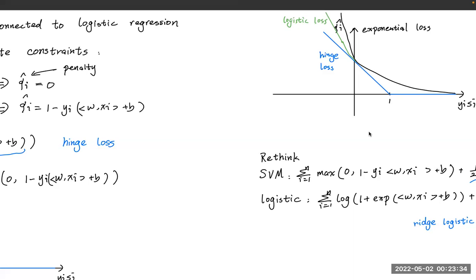And SVM with its hinge loss is also an approximation or modification of logistic regression. Although this hinge loss is rather foreign to statisticians, and cannot be interpreted as a log of probability.